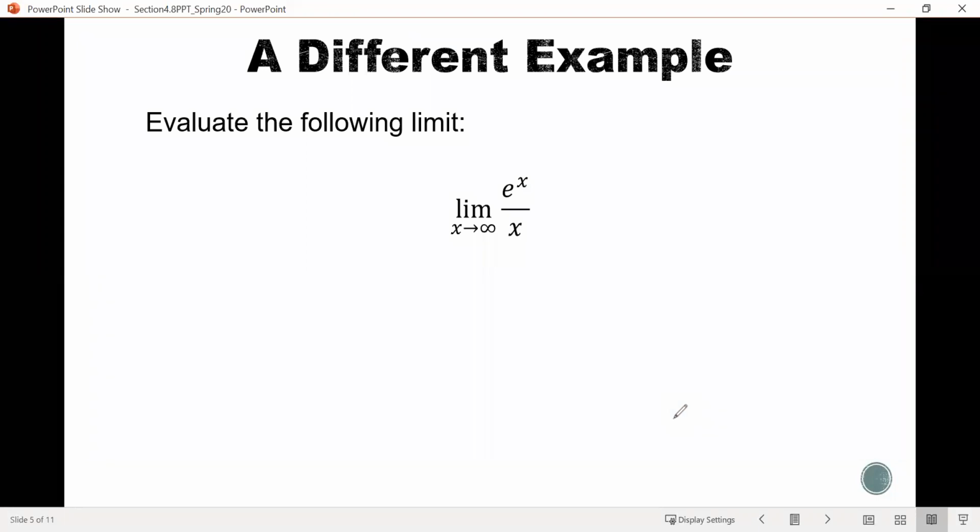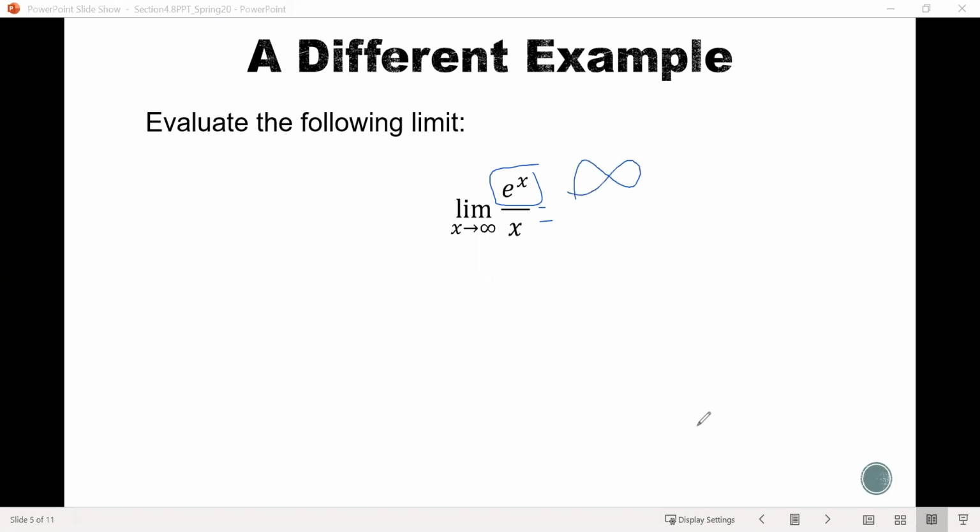Okay, so let's look at another example, I should say. So notice here we have the limit as x approaches infinity of e to the x over x. And if you think about it, we could take each of these limits separately. If you look at just the top, if the values of x are going towards positive infinity, if you think about the graph of e to the x, it's just going to keep growing larger and larger.